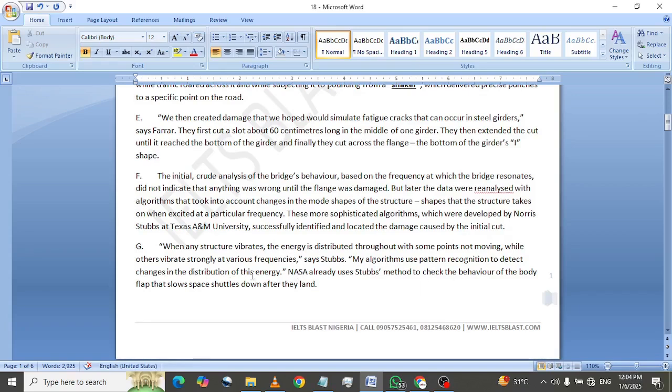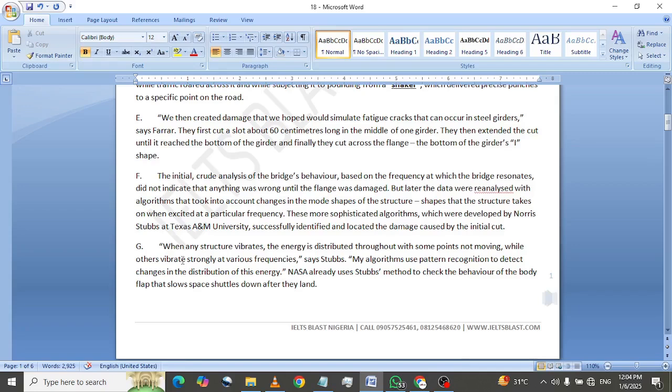Okay, I think I've seen something that got my attention here. It says, when any structure vibrates, the energy is distributed throughout, with certain points without moving.